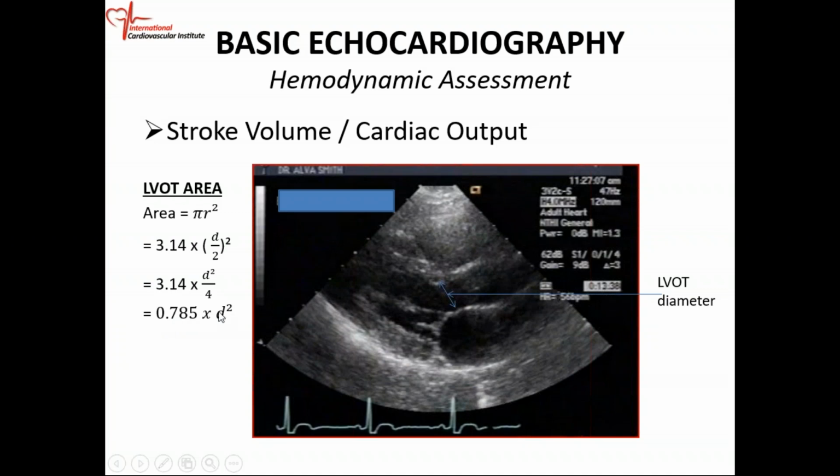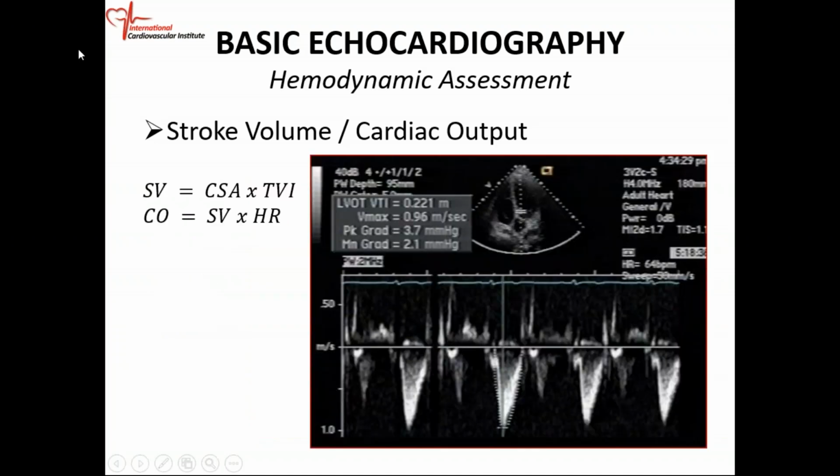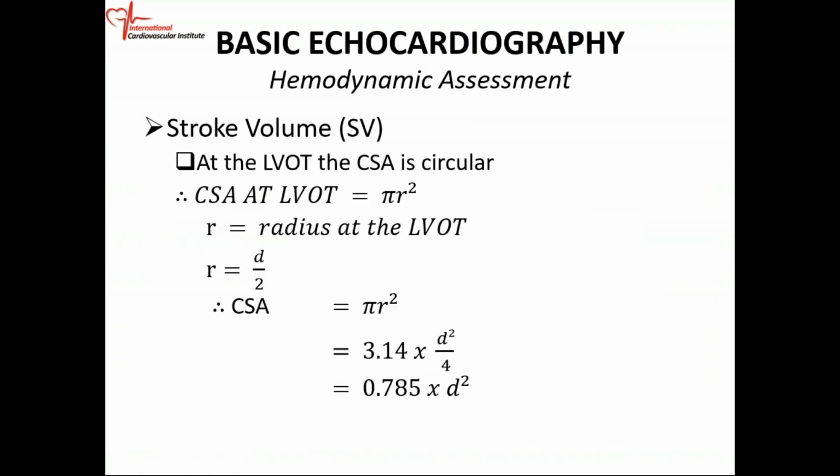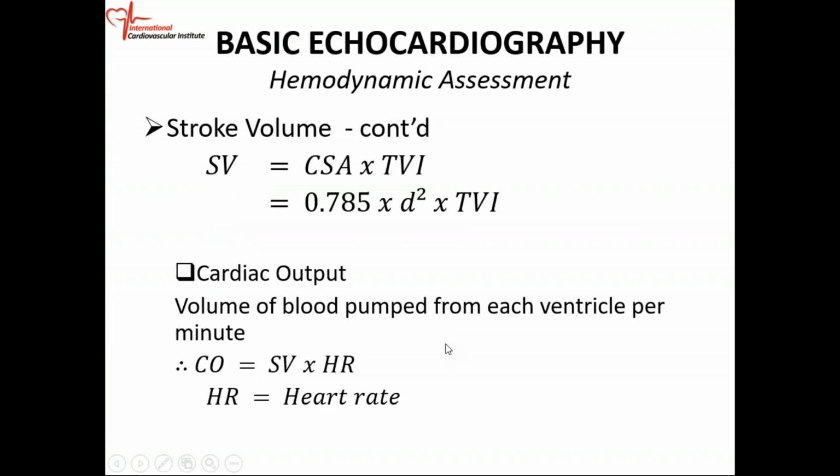If you remember now, your stroke volume is the cross-sectional area times the TVI across the LVOT. So when you plug everything in, you get this times the TVI. Stroke volume is cross-sectional area times the TVI.